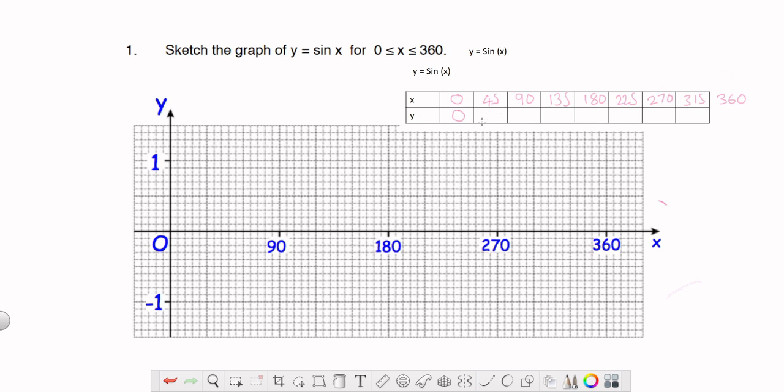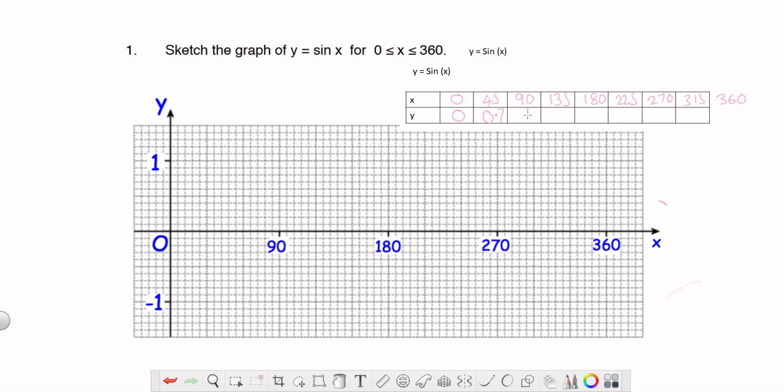Obviously I'll get more digits, 0.707 and so on. But looking along the y-axis, it's going up in steps of 0.1, 0.2, 0.3, 0.4 up to 1, so I don't need to be that accurate. So sine 45 is 0.7.